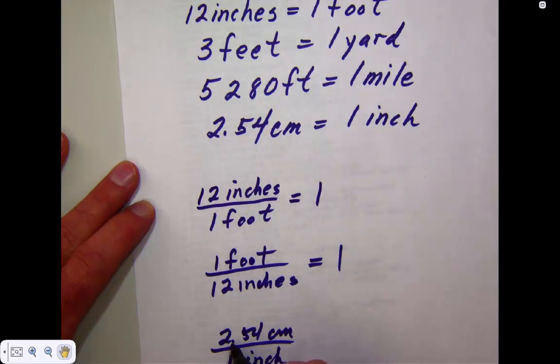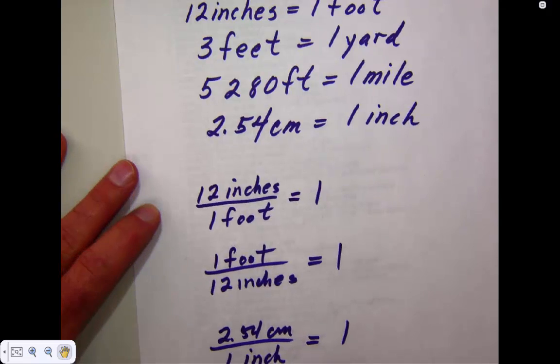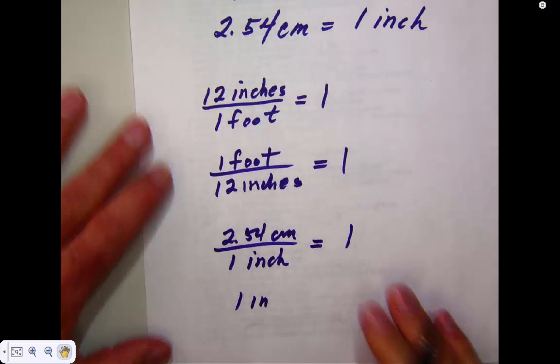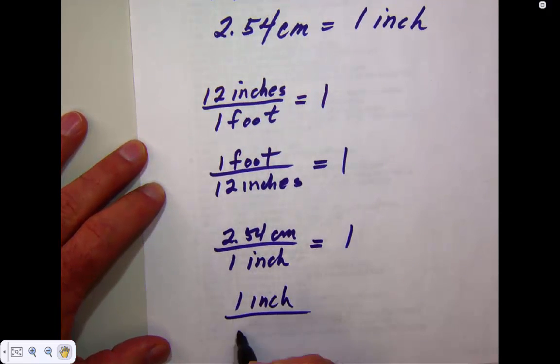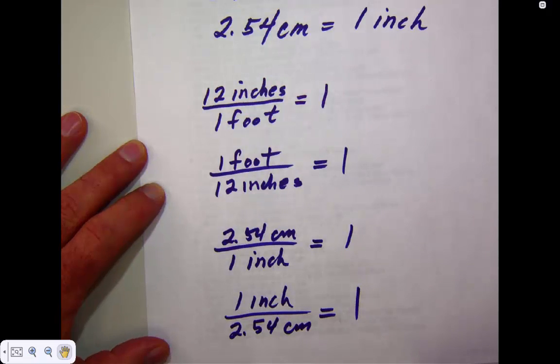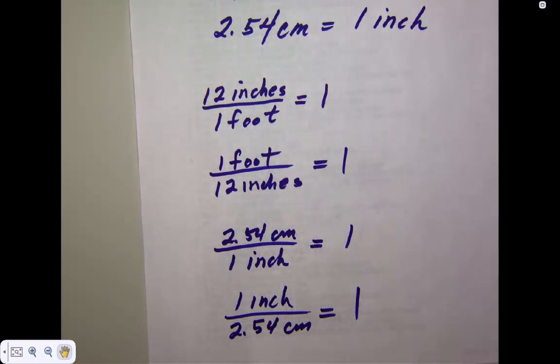So the fraction formed, 2.54 centimeters over 1 inch, must be equal to 1. And likewise, 1 inch over 2.54 centimeters expressed as a fraction must be equal to 1. This would be true for any units conversion whatsoever.